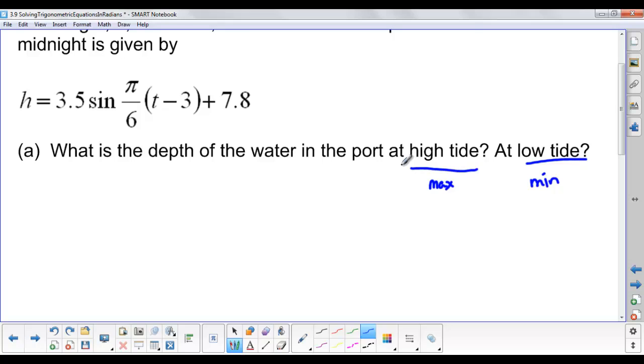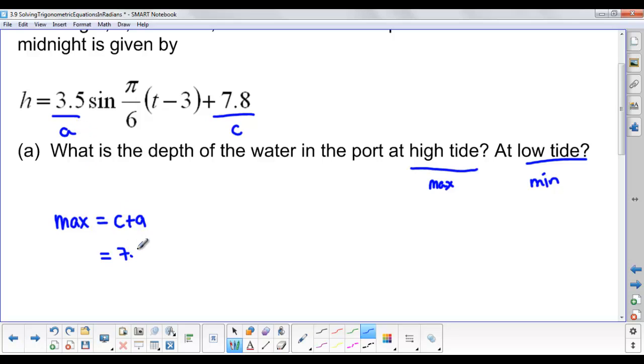So basically, all it's asking us for is maximum and minimum. Because we have an equation already given to us, it's very easy to calculate the max and the min. Remember that max is just c + a, so the midline plus your amplitude. In our formula, there's our midline, there's our amplitude, add them up.